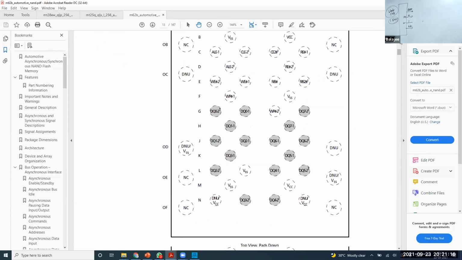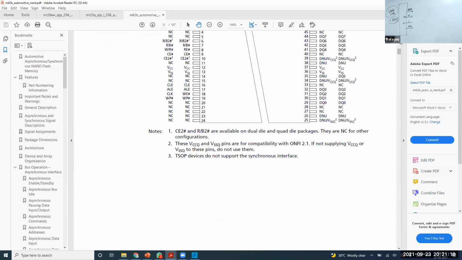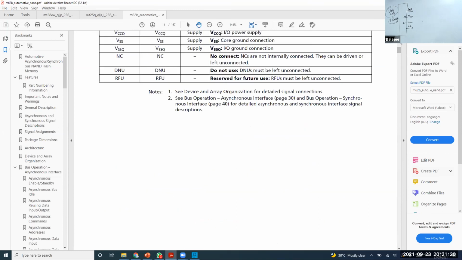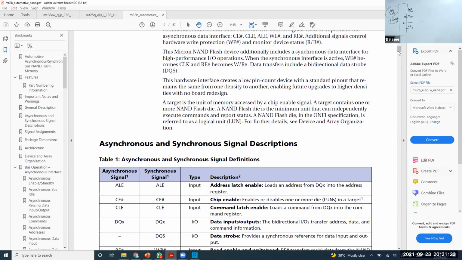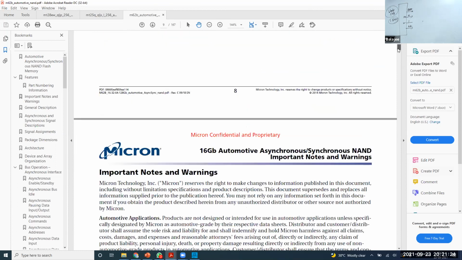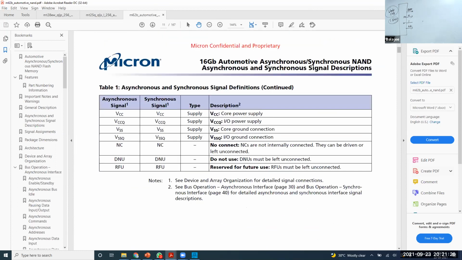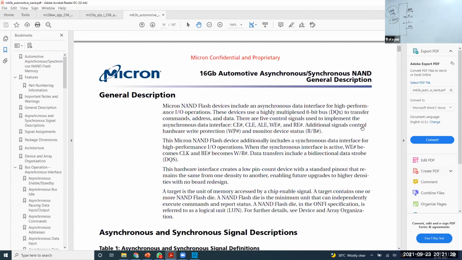You don't have address lines for this NAND flash. See, it has all the data lines, no address line. That's the trick of the NAND flash. We'll discuss that later. I just wanted to make sure that you understand this, that is, how you read the data sheet.